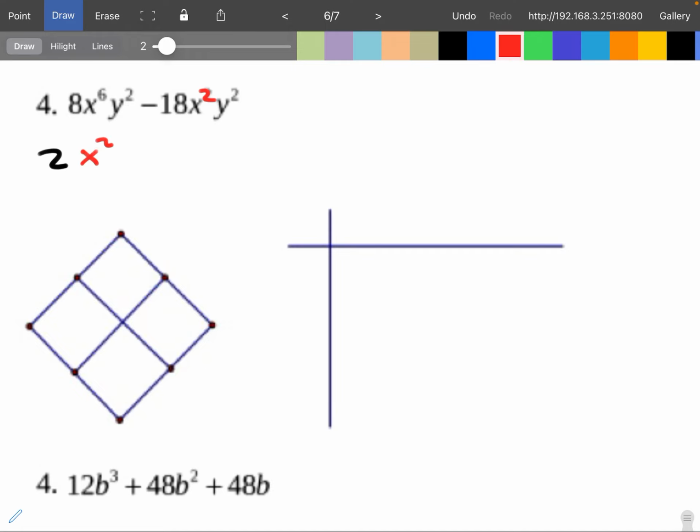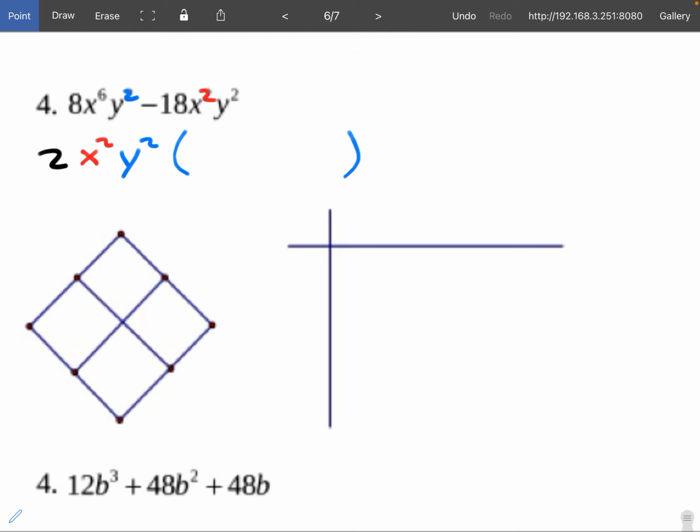What is the lowest power that it appears to? The second power, right? So this is going to be an x to the second. And then is there a y in both terms? Yes. What's the lowest power that appears? Yeah, that is also a 2, right? So that is your greatest common factor right there. It's 2x squared y squared.